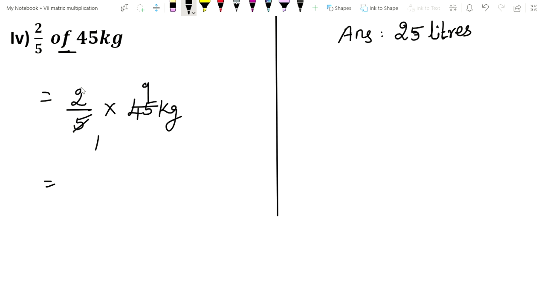Now you multiply the numerators. 2 nines are 18. Now the denominator is 1. 18 by 1 you get 18 only. So 18 kilogram. So what is the answer, children? 18 kilogram. You understand, children?